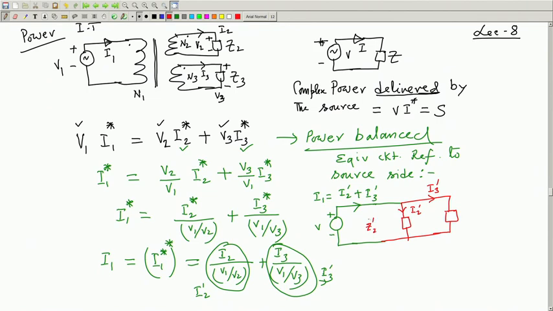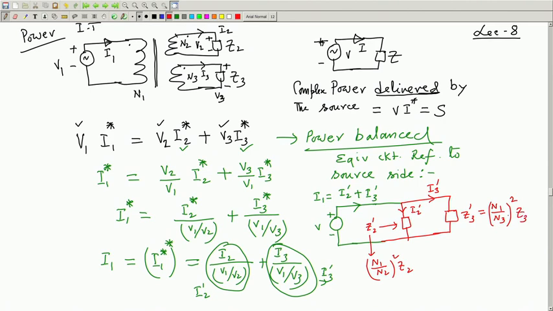as this one I will write it as N 1 by N 2 whole square into Z 2, this impedance, and this impedance, reflected impedance on the primary side, I will write it as N 1 by N 3 squared into Z 3.